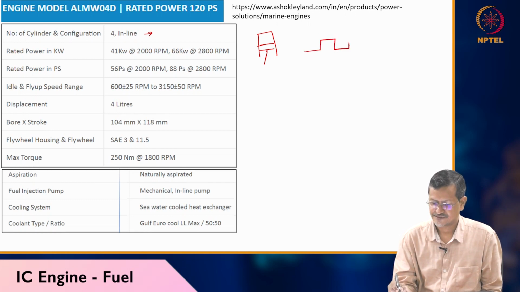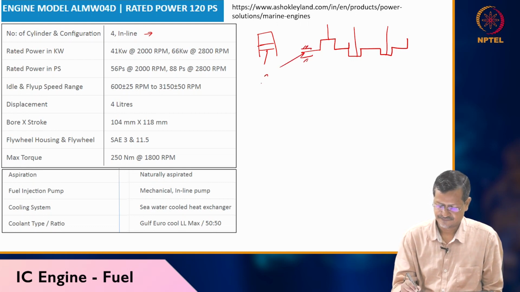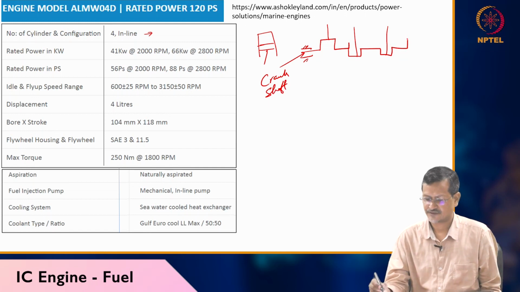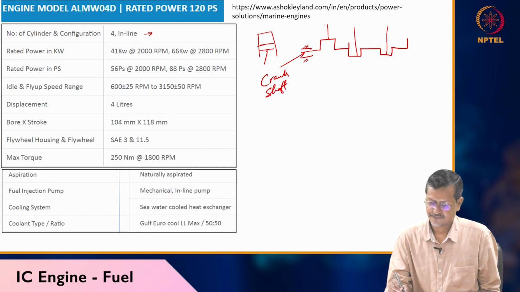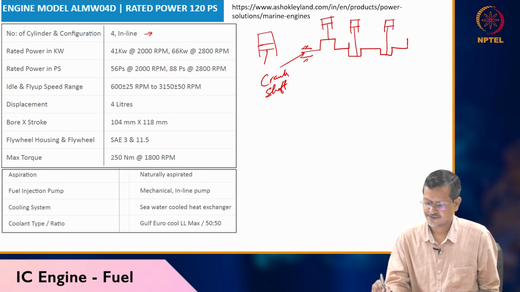I was drawing like this, you can remember. This is your crankshaft. Previous lecture we discussed already. This is your cylinder. Again, this is your cylinder. This is your cylinder. Then one more cylinder will be there.